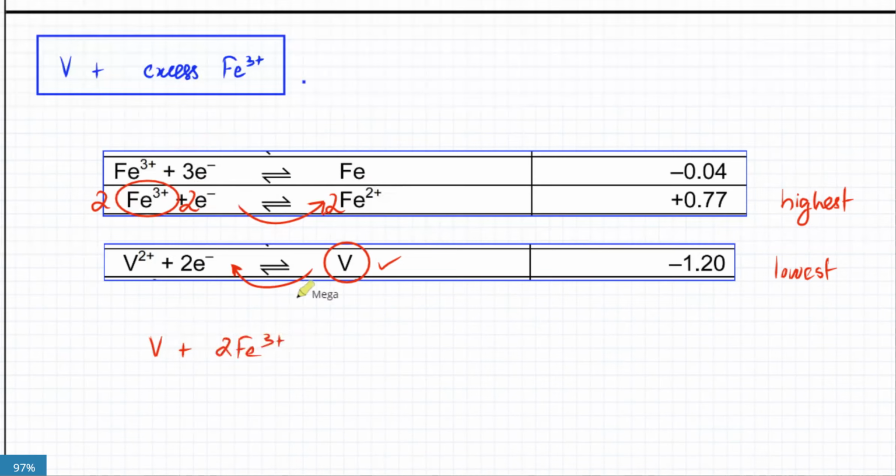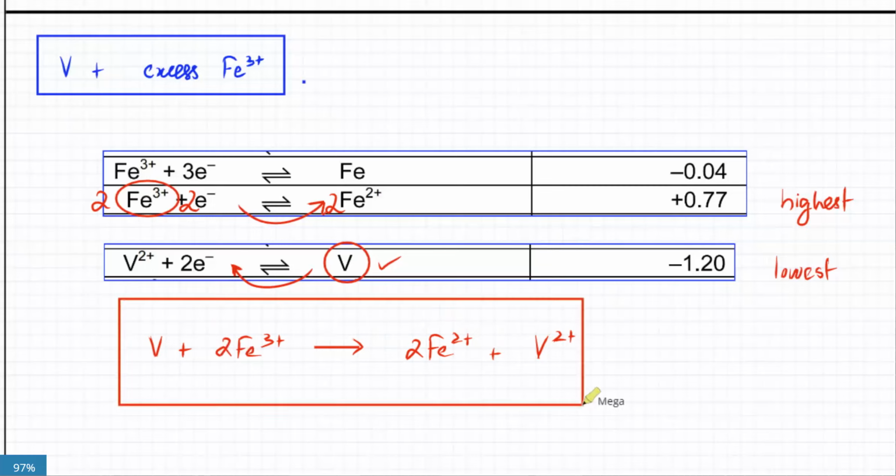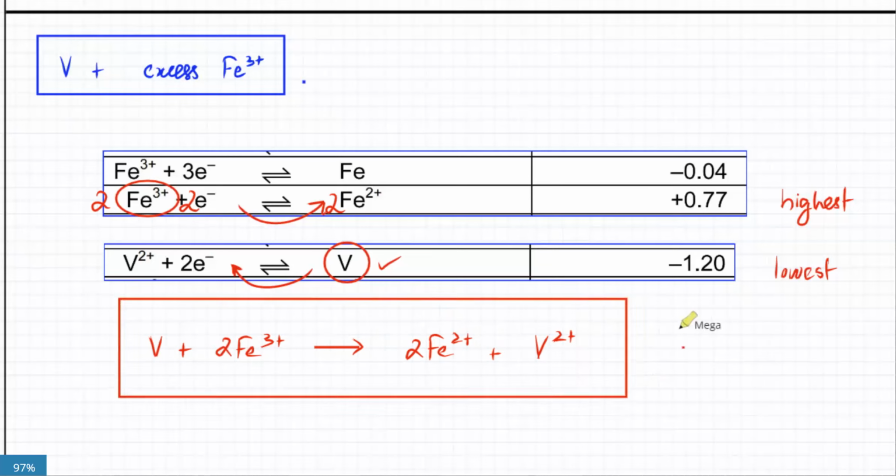My products are, in the first one, 2Fe2 plus, and in the bottom one, V2 plus. So here's my overall reaction. TK, is this clear? That's reaction number 1. Is this clear? Yes, sir.